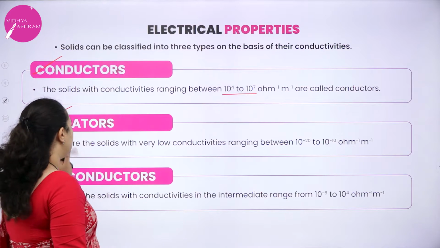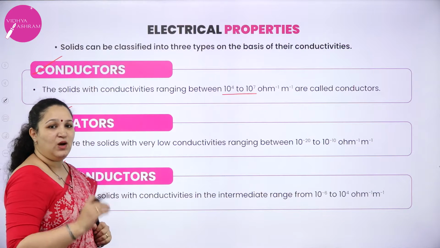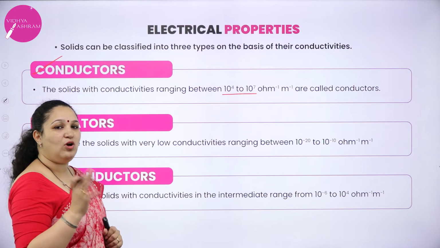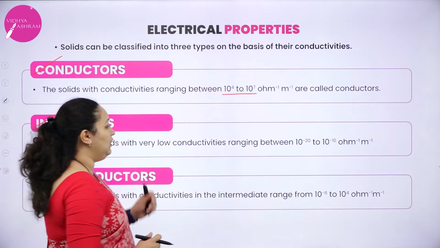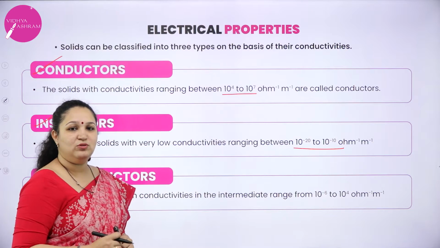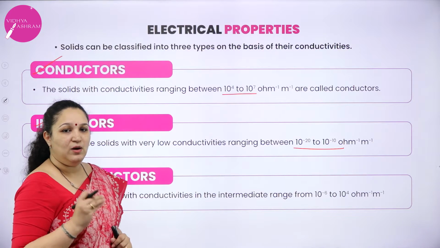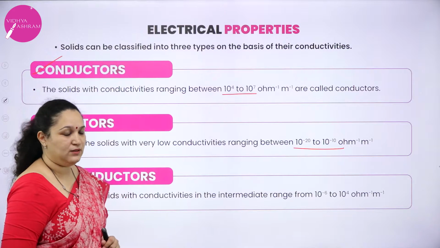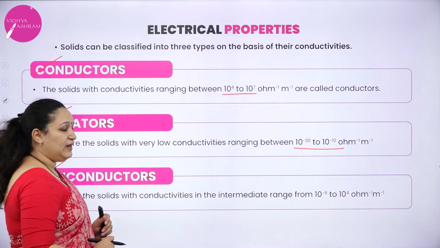Insulators. These are solids with very low conductivity, or they do not conduct electricity at all. The conductivity ranges from 10 to the power minus 20 to 10 to the power minus 10 per ohm per meter. The last one is semiconductors.